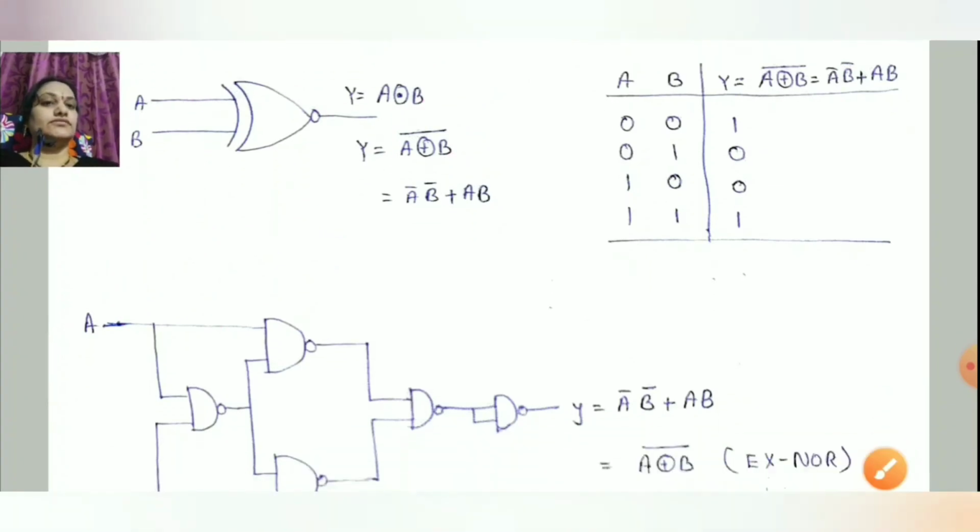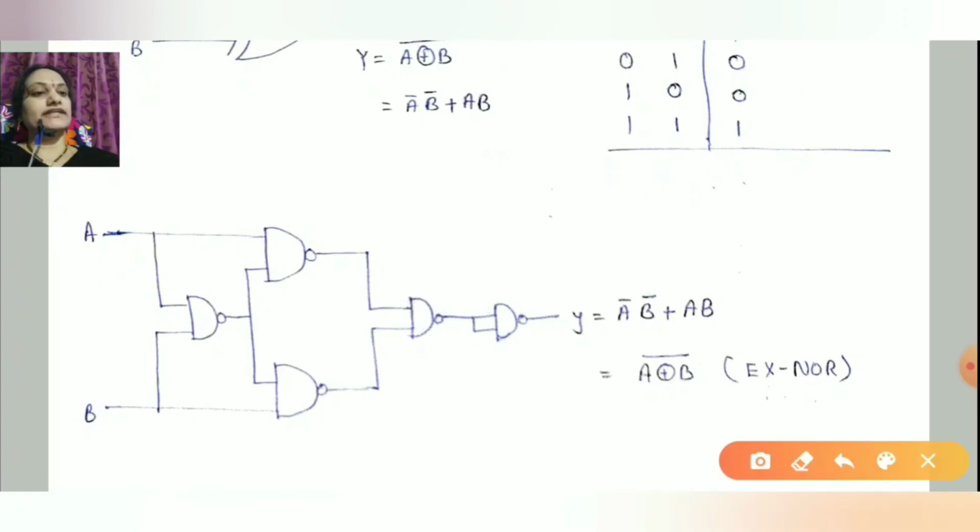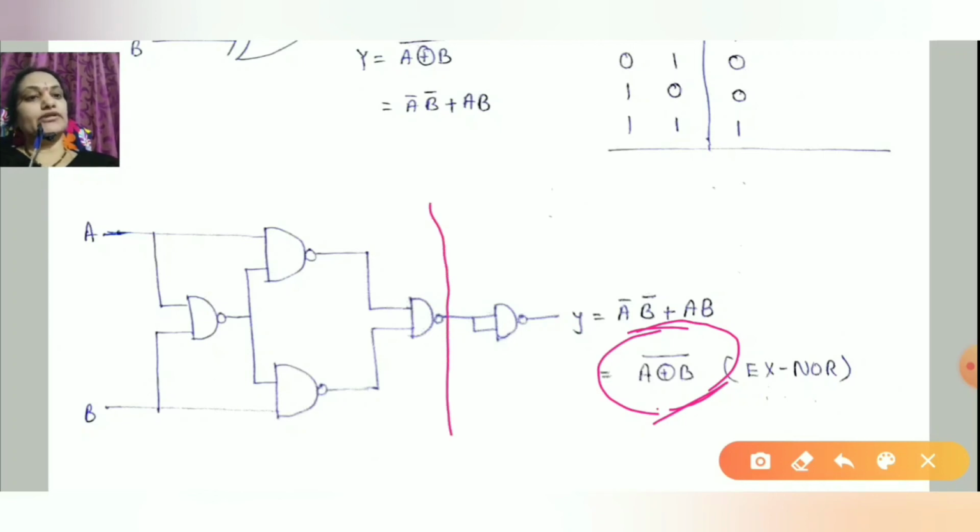So this is the circuit. This is the circuit to satisfy that expression. What is that expression? This complement of A XOR B. Okay. So in the previous one, we have studied the circuit up to here.